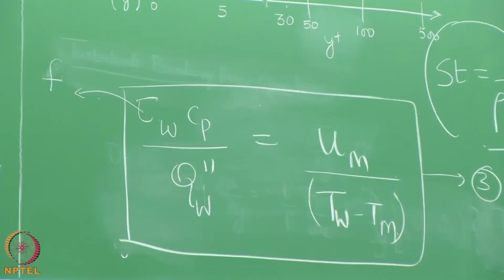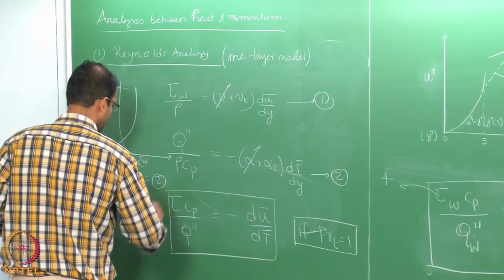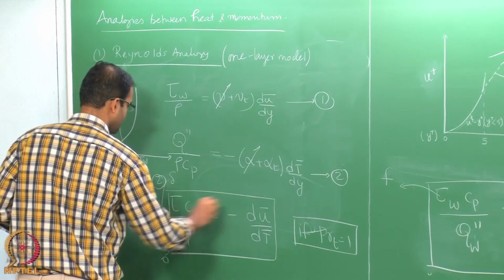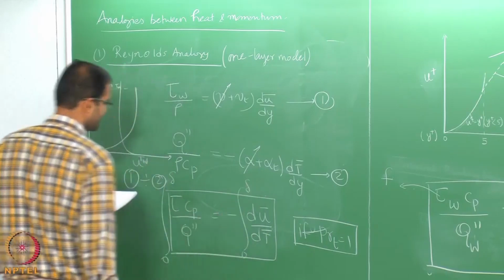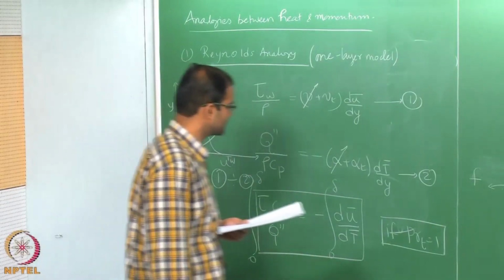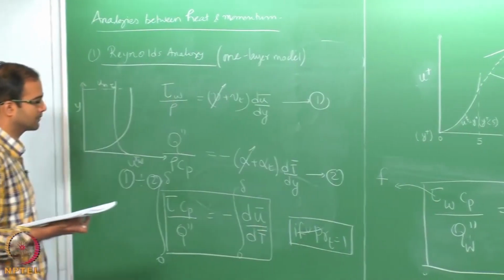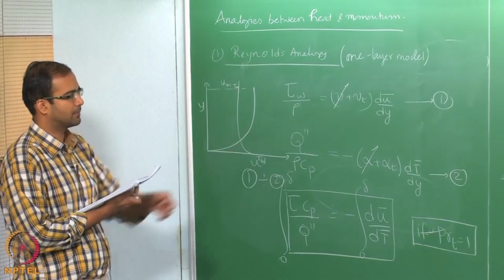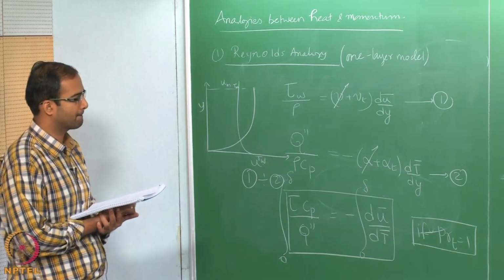So, give out a relation between Stanton number and f, use this equation. You should be able to multiply it with some term, so that you can write this in terms of Stanton number.